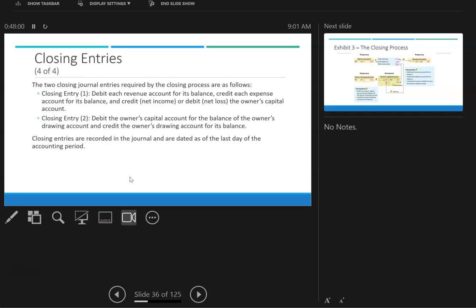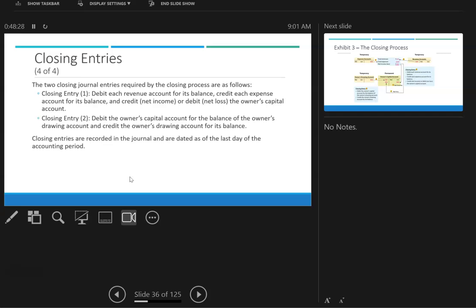Then all of the expense accounts have a normal debit balance. But we credit every one of those expense accounts to zero them out, and we end up debiting the owner's capital account. Do you see in essence net income flows into the owner's capital account? Then we will debit the owner's capital account for the balance of the owner's drawing account.